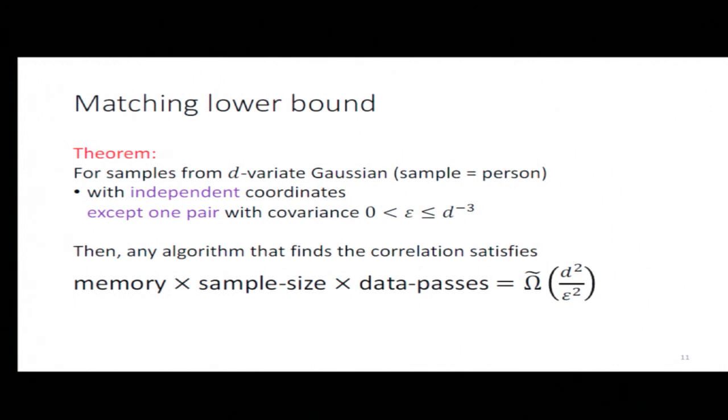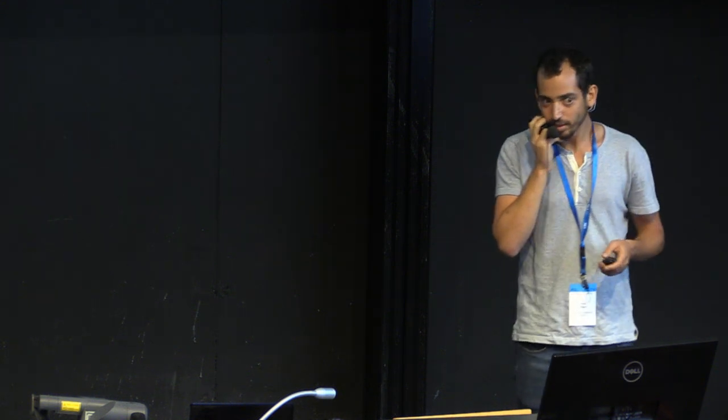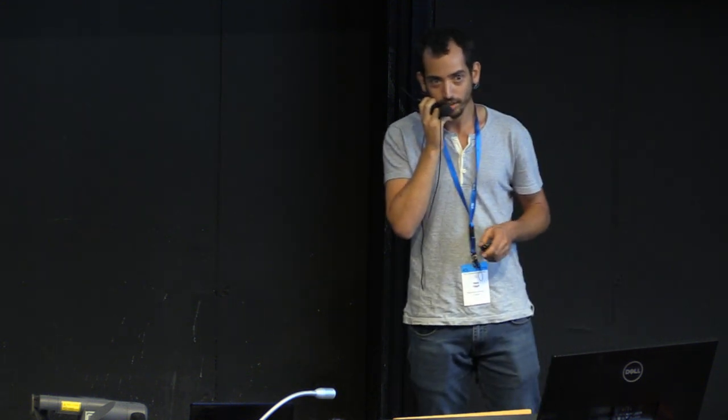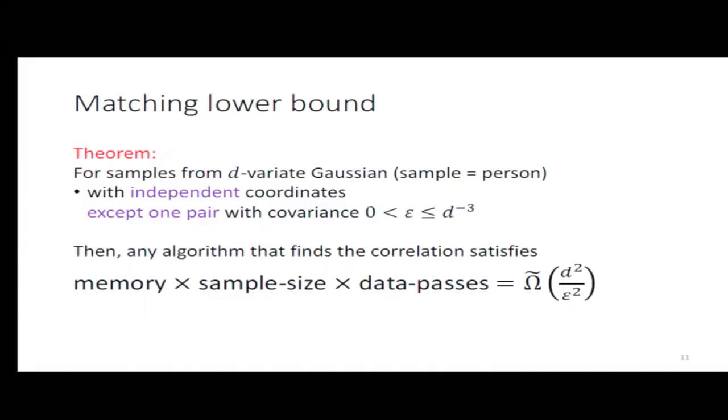So here's the theorem. Assume that you get samples from a d-variate Gaussian distribution, where each sample corresponds to a person, and the d coordinates of a sample are the features. And assume that the coordinates are independent, except for one pair with a small covariance of epsilon, where epsilon is at most d to the minus 3.